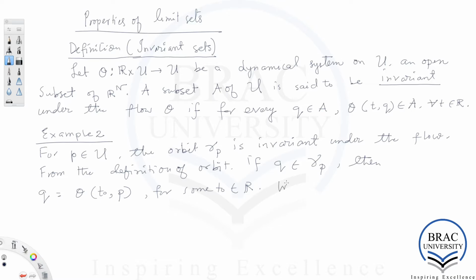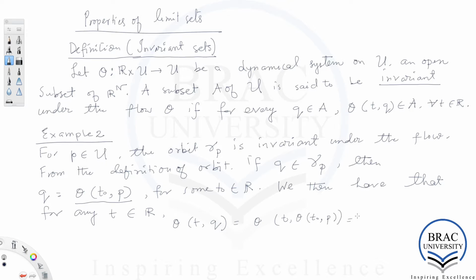We then have that for any t in the set of real numbers, theta(t, Q) is equal to theta(t, theta(t0, P)), and then by using the property of flow map of the underlying dynamical system, this is the same as theta(t + t0, P), and it is of course inside the orbit of P from the definition of orbit, right?